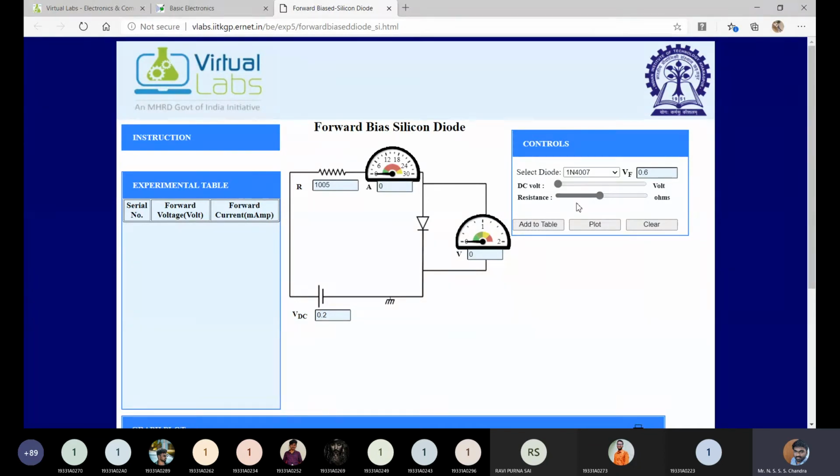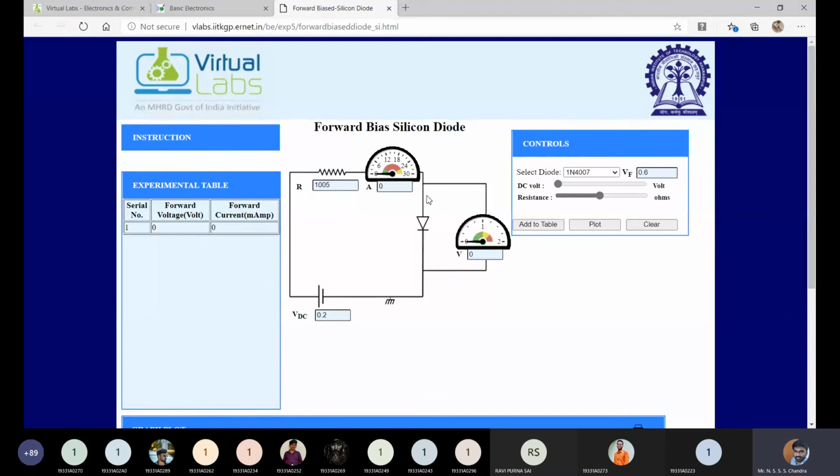Now what will I be doing? I got VDC as 0.2 volts, resistance around 1000 ohms. Now the current is showing as 0. I'll add this to the table. In the table I get the forward voltage as 0. The forward voltage is nothing but the voltage we are measuring across the diode.